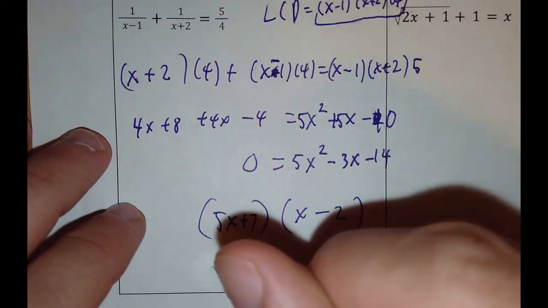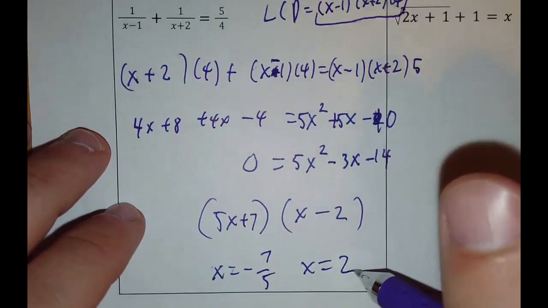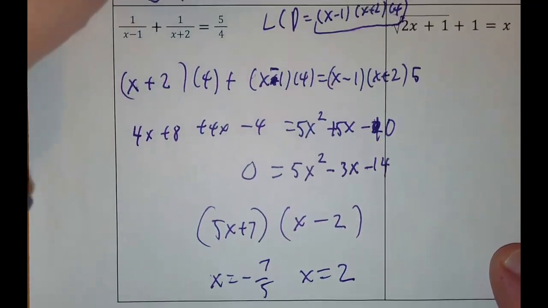So your solutions would be x equals negative 7/5 and x equals 2.